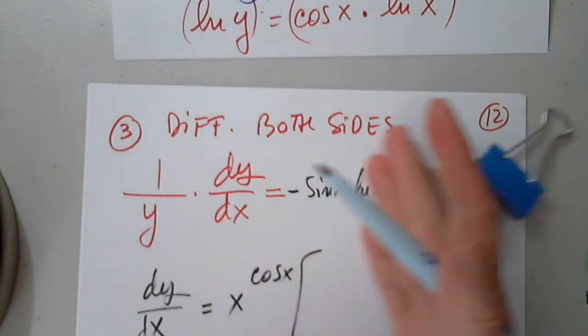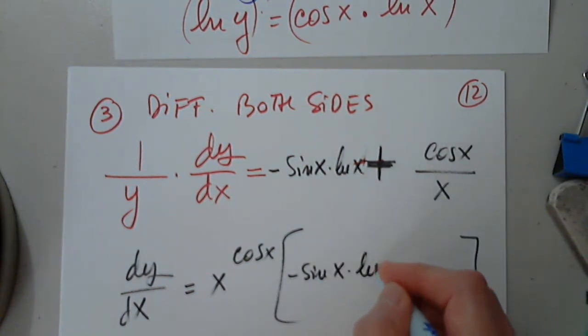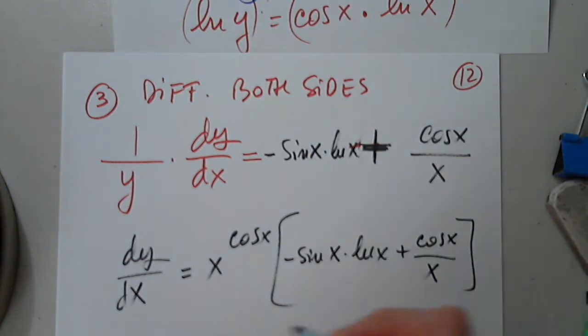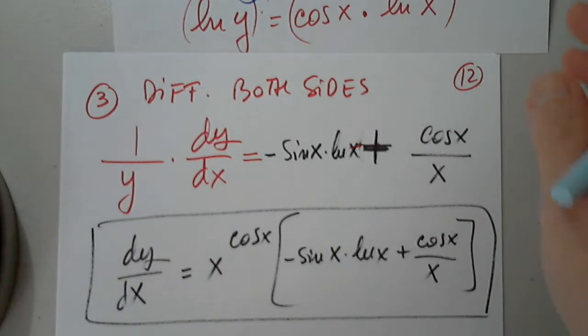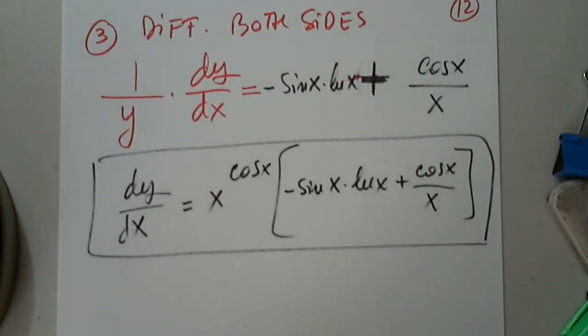And now I uncover and copy everything. Negative sine x times natural log x plus cosine x over x, and it's done. You don't have to do anything else. This is it. That's how logarithmic differentiation works.